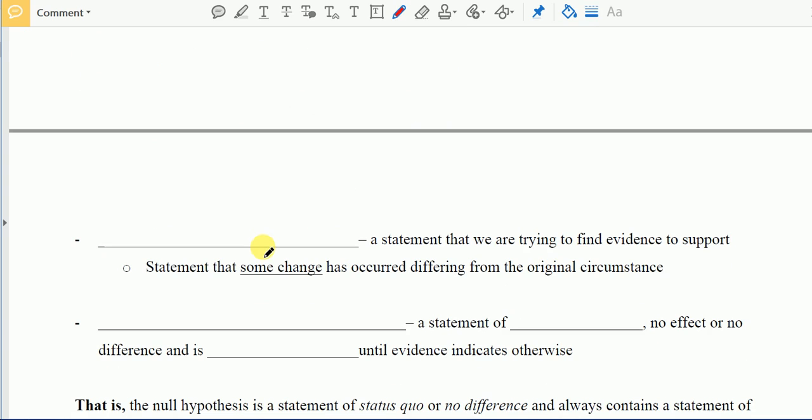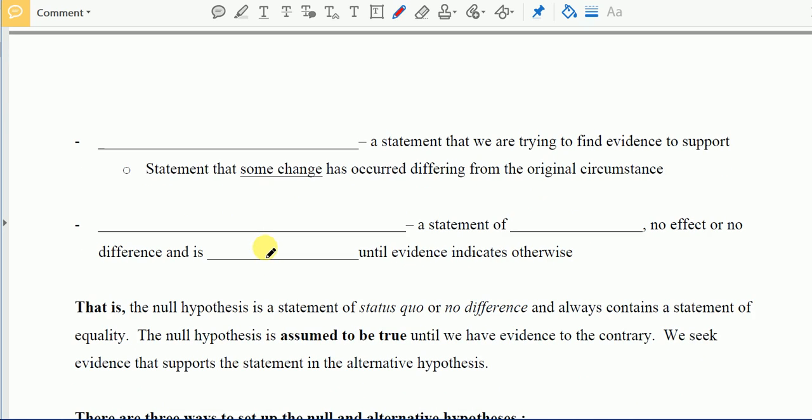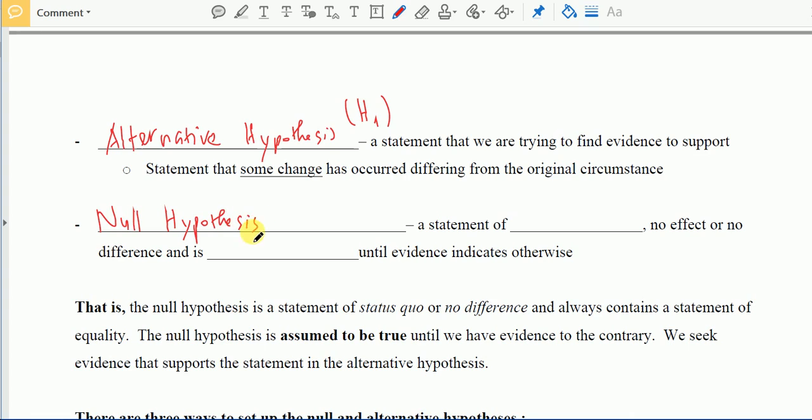There are two types of hypotheses that we are learning in this section. The first one is the alternative hypothesis, usually called H1, and the second one is the null hypothesis, usually called H0. We will see the differences between these two.